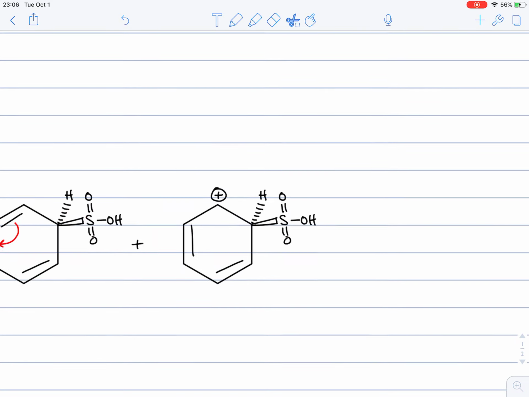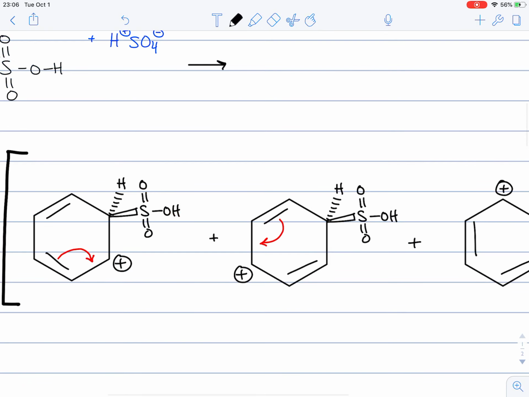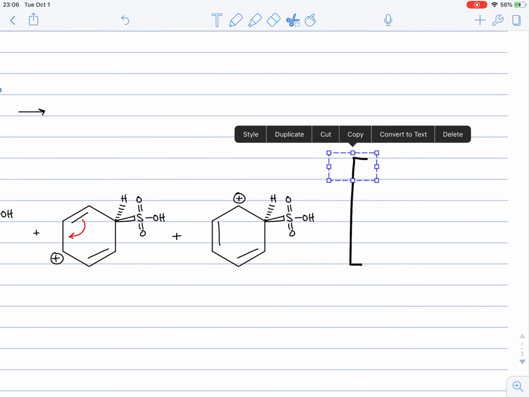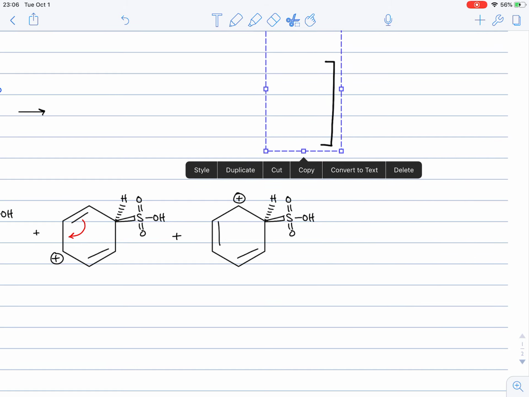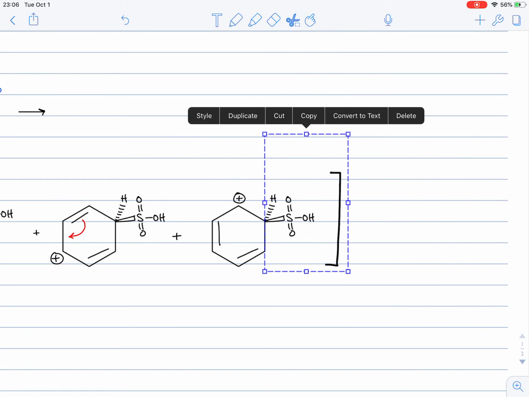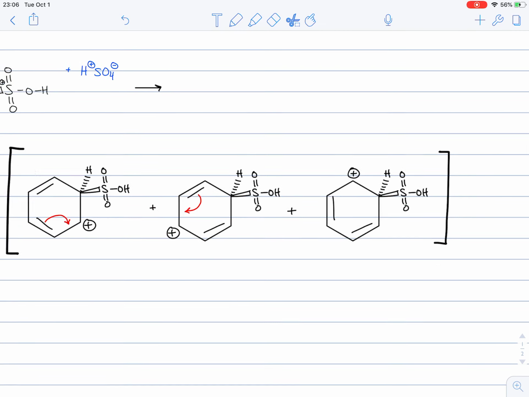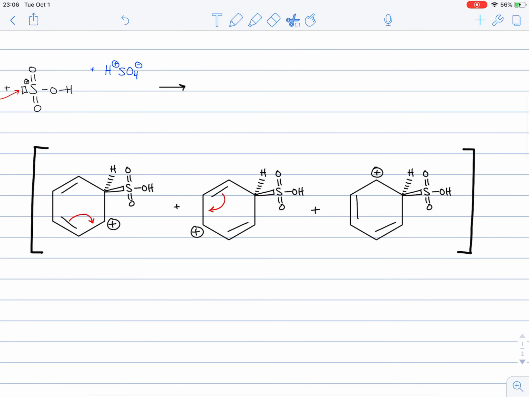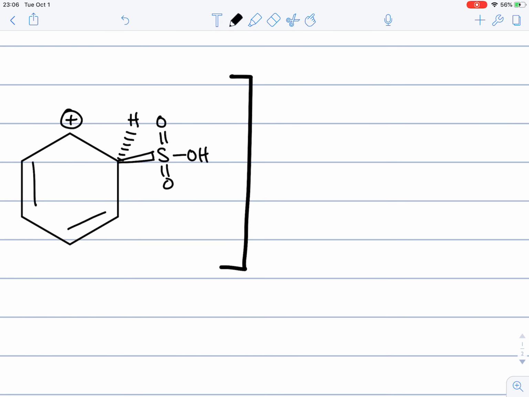I'm trying to do this super fast. I'm usually faster, but I want to make it look neat for you. And he said, don't forget about adding your counter ion.